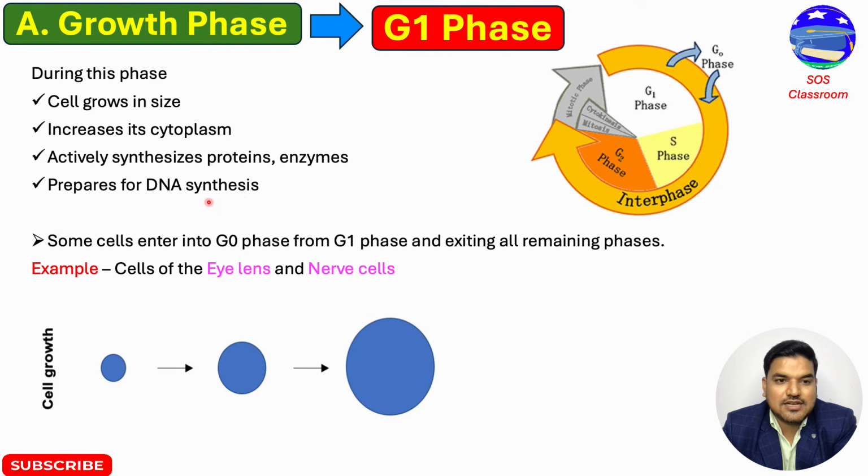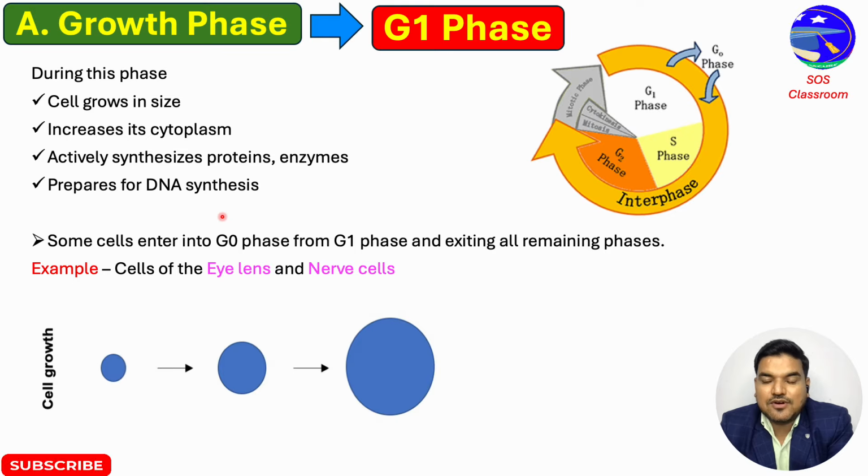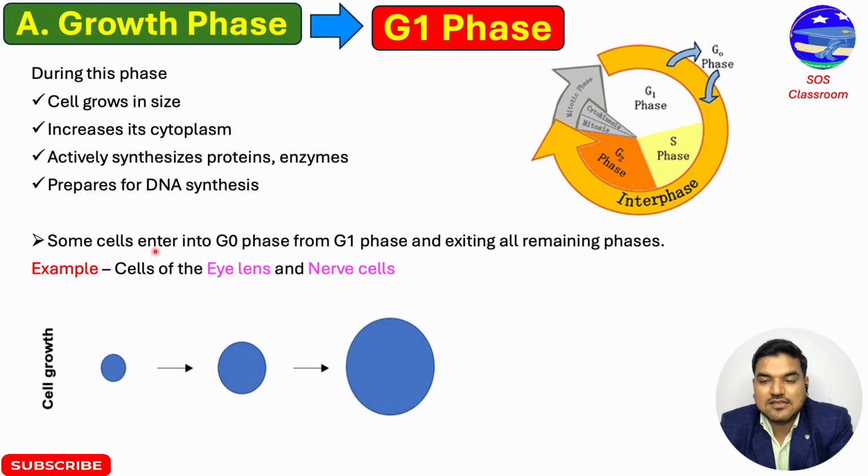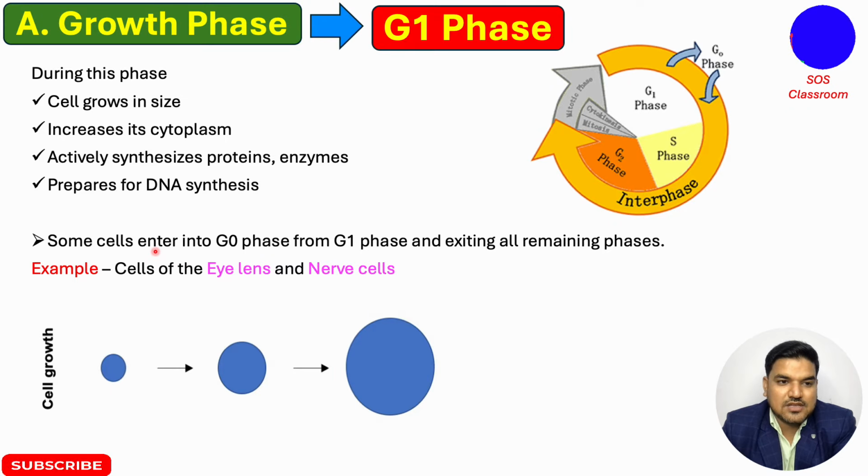Next, preparation for DNA synthesis. Next phase is the S phase, where DNA replication occurs. So preparation occurs in this stage, but DNA synthesis occurs in the next stage. Some cells enter the G0 phase from the G1 phase, exiting all remaining phases. Exiting means no further phases occur in the G0 phase.